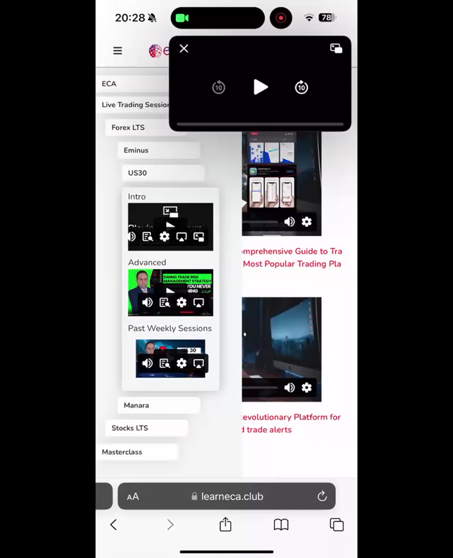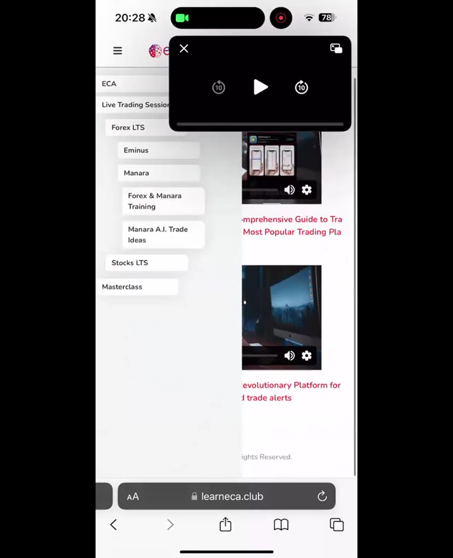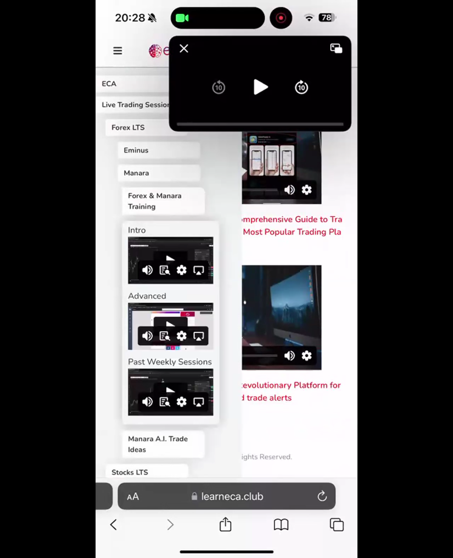Can you see Manara below? Under Manara, we have Forex and Manara trading. I'm going to expatiate on that. Under Forex and Manara trading, kindly click that. Okay, close this pop-up, the first one.